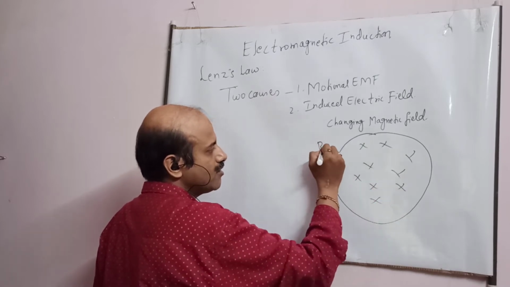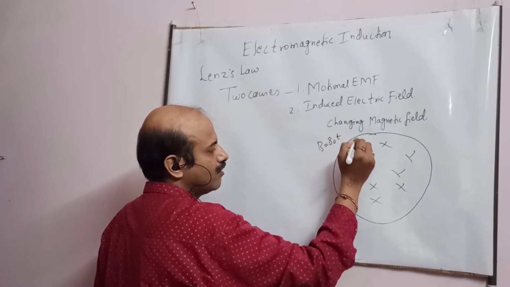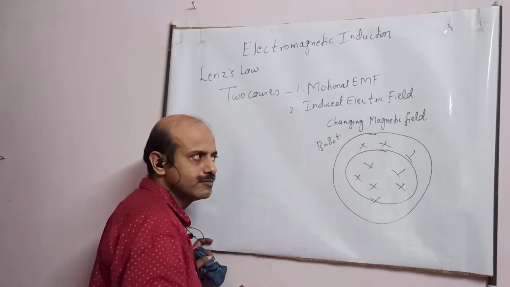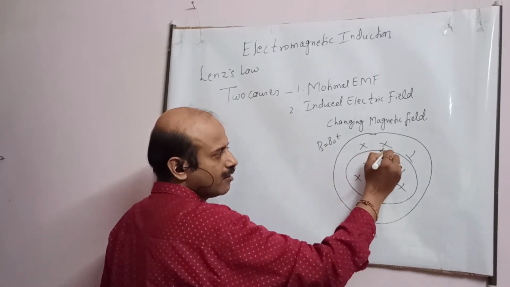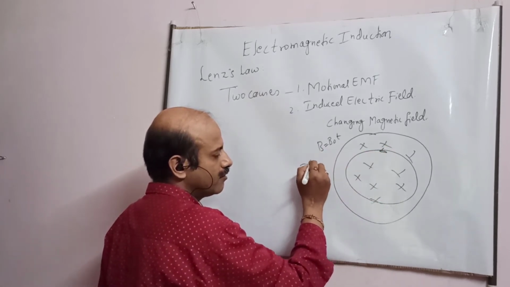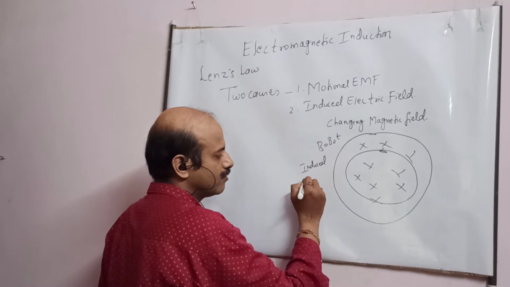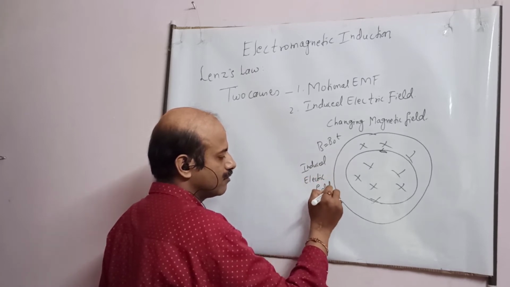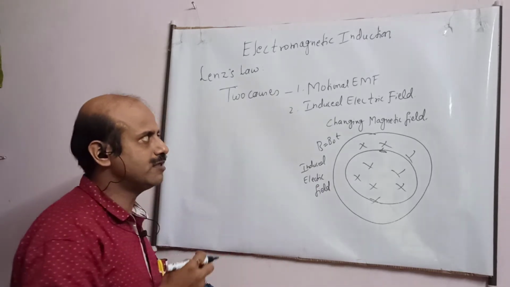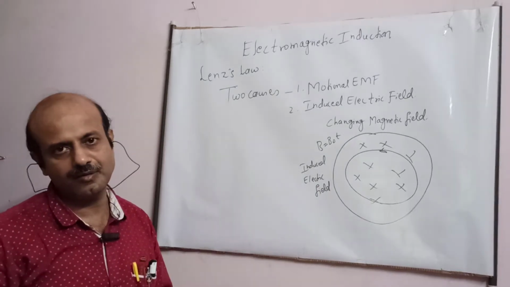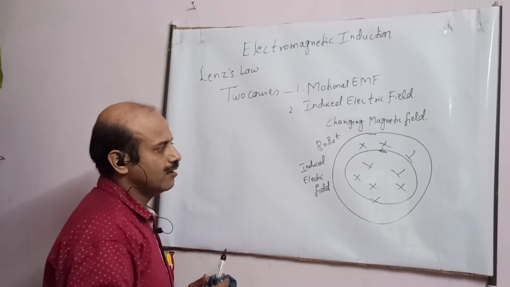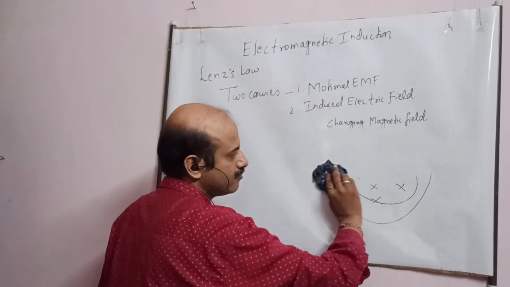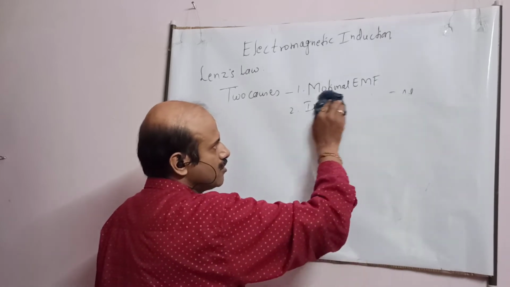This magnetic field was changing, and we place a closed loop. So in this there was an induced electric field, which gives rise to induced current, students. Okay. So today we will see how to find out direction of induced current. So these two causes you have to remember.